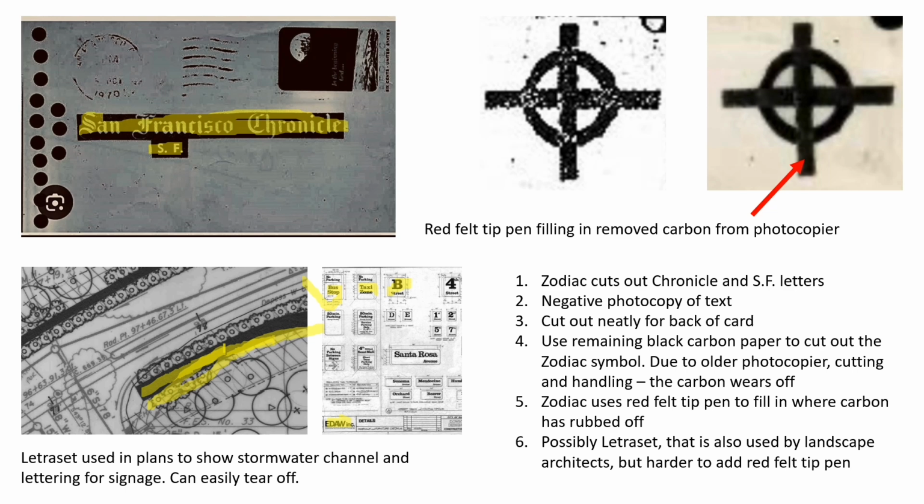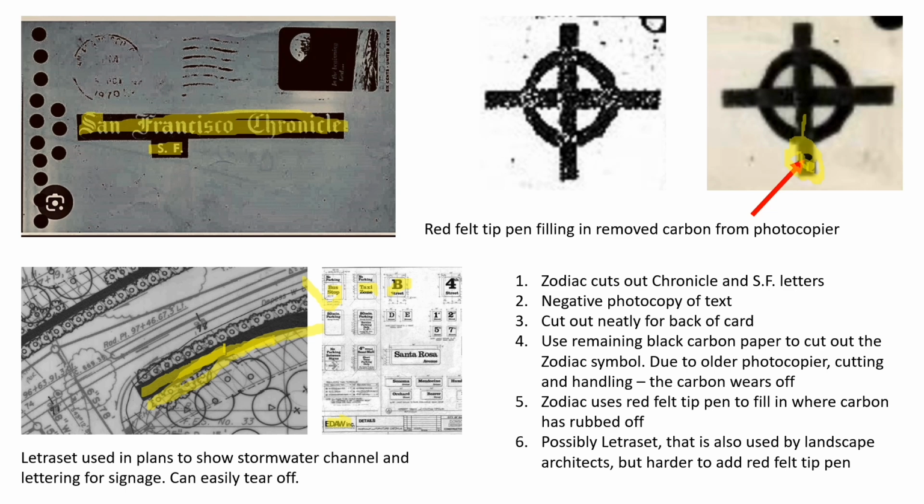Some of the carbon may have rubbed off, and that would explain really logically, I think, why there's red felt tip pen at the base of this cross here in particular, that as the carbon's rubbed off, he's used a red felt tip pen to re-etch in that cross.